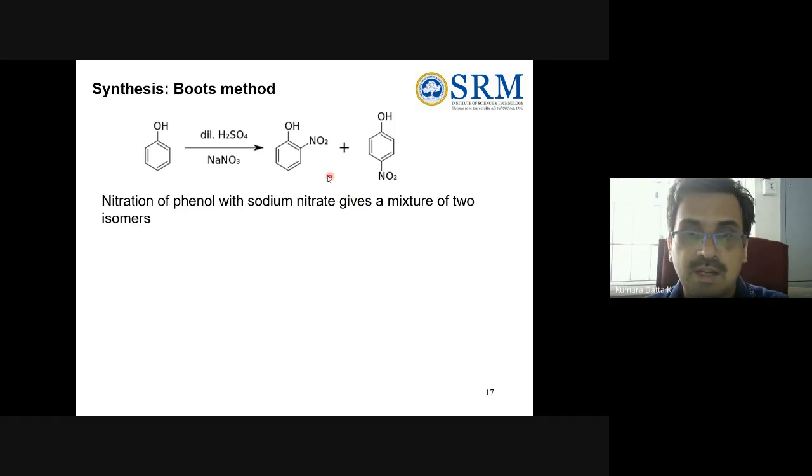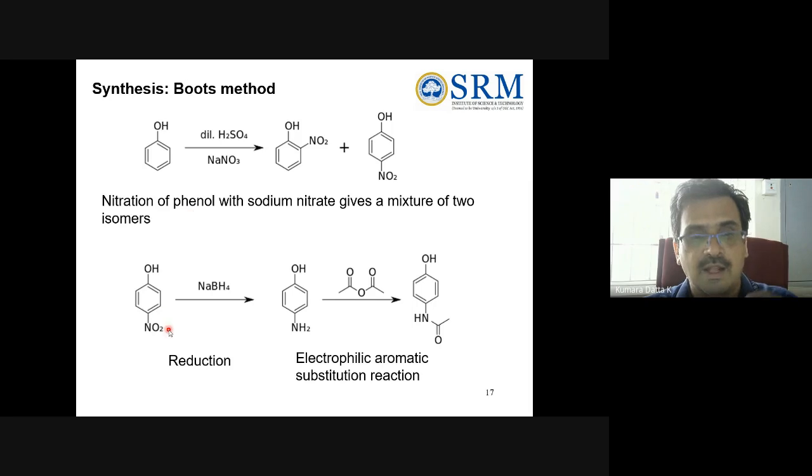So now we get the nitro ortho and para, and we take the para one after the distillation, like steam distillation. We use a fractional distillation, especially in this case.